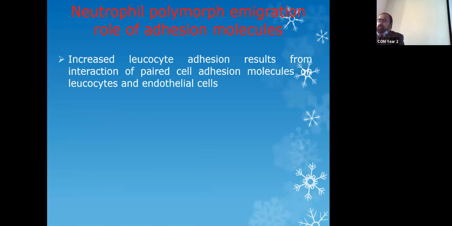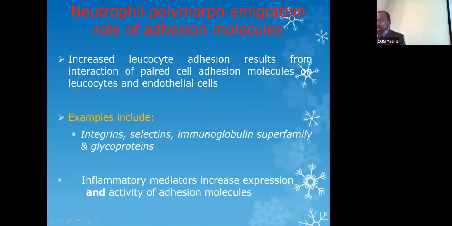Okay, so what happens is that there should be adhesion of the neutrophil to the endothelial cells. How does it do so? The increased leukocyte adhesion results from interaction between the leukocyte and endothelial cells. They have to be attached together.